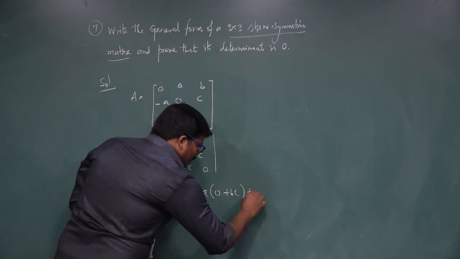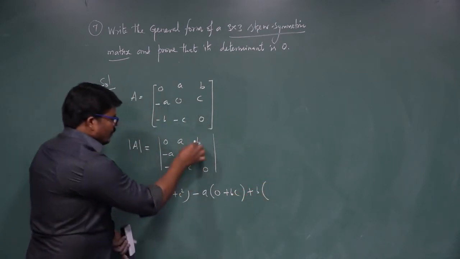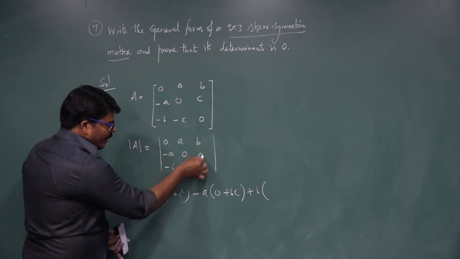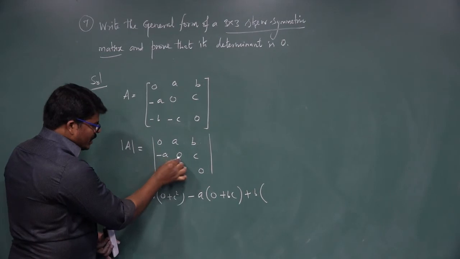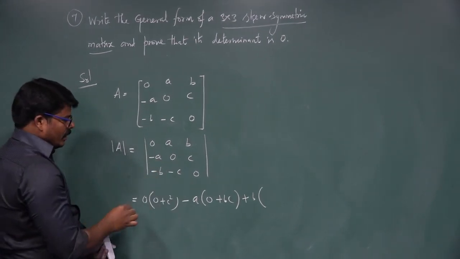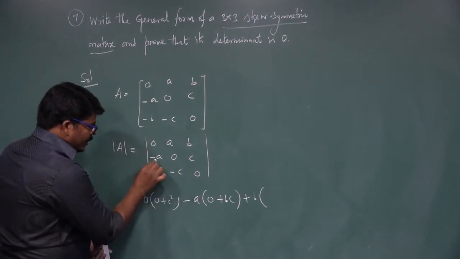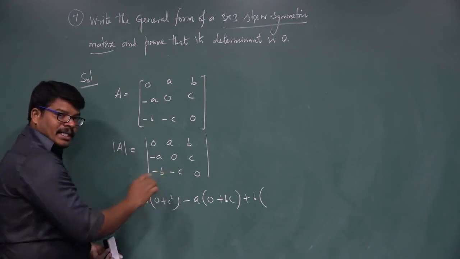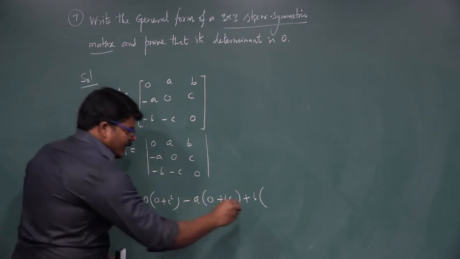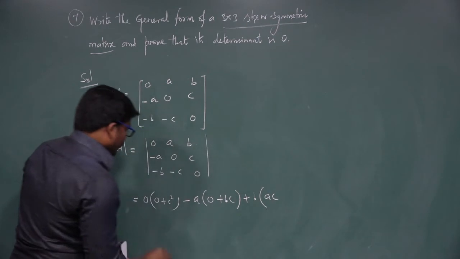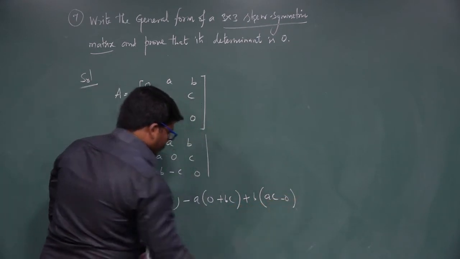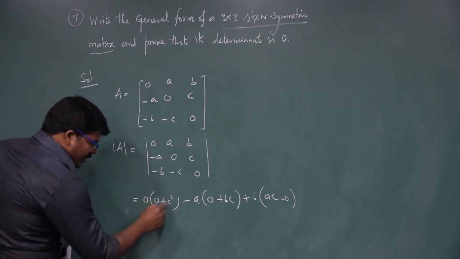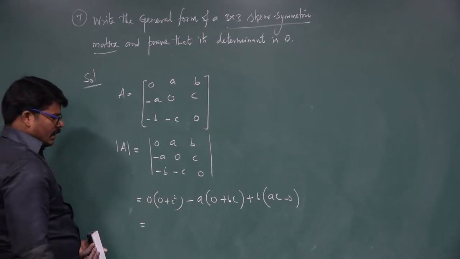Next one, plus B into this element. Taking the element B, the column and row are eliminated, getting the minor matrix minus A, 0, minus B, minus C. Now multiply, minus A into minus C, minus into minus is plus, AC. Next, minus B into 0 is 0. 0 into anything is 0.